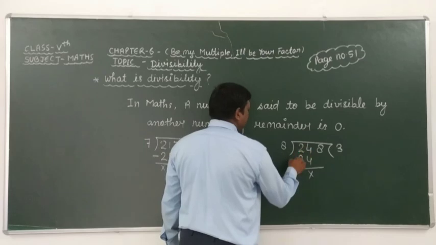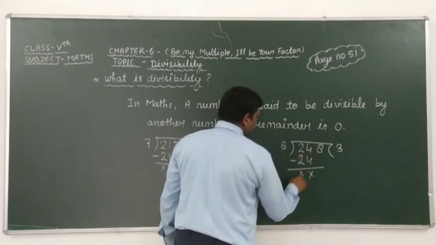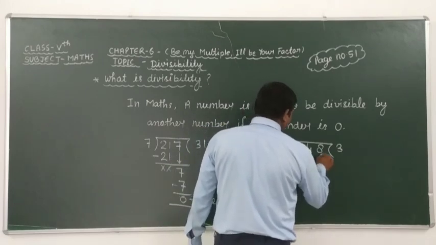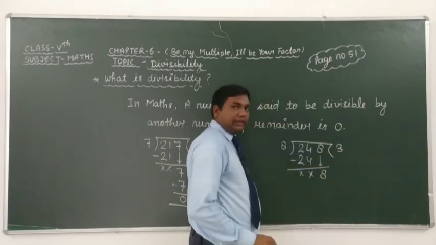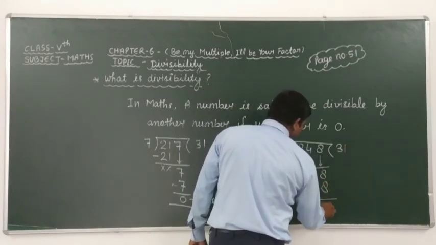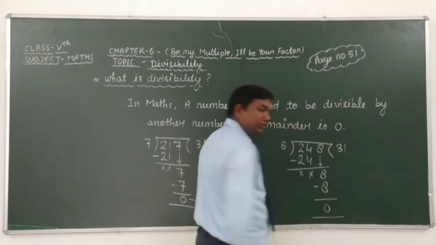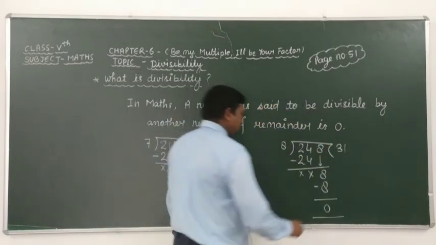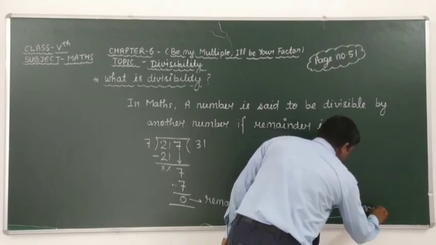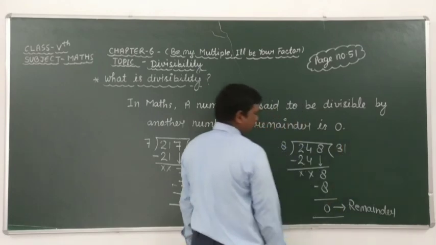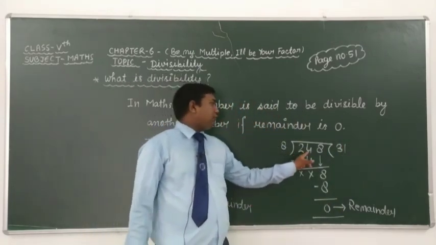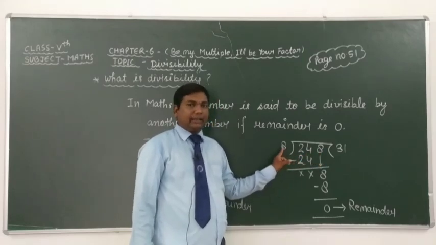It means that cancel out. 2 minus 2 is 0, it means that here we can write cancel mark, okay, and here we get 8 as same. Clear? 8 1s are 8. After subtracting these, here we get 8 minus 8 is 0. 0 as remainder. Okay, students? Therefore, we can say that 248 is divisible by 8.